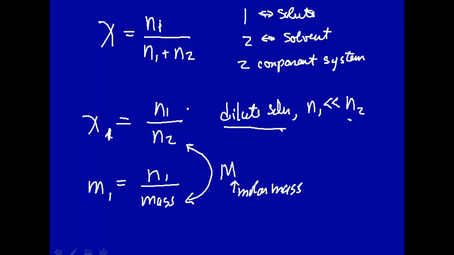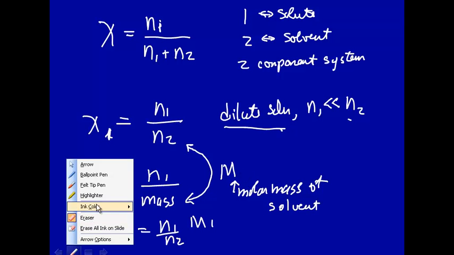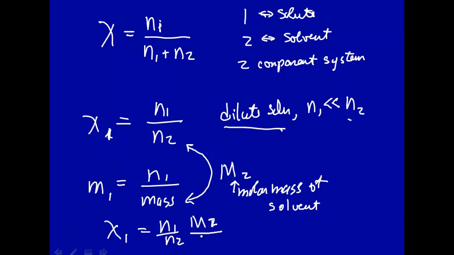The mole fraction of solute is equal to N1 over N2, multiplied by M2, the molar mass of the solvent. Sorry, that should be a 2 because we're using 2 to denote solvent. We multiply by 1, so moles times the mass per mole is the mass of the solvent.